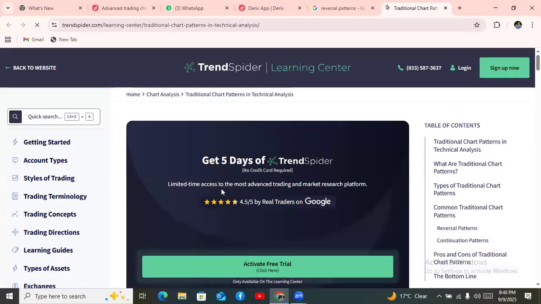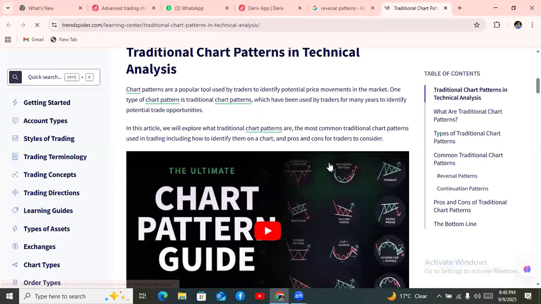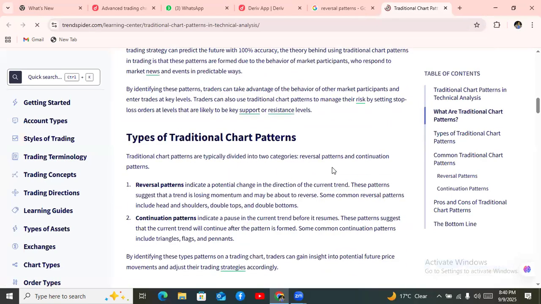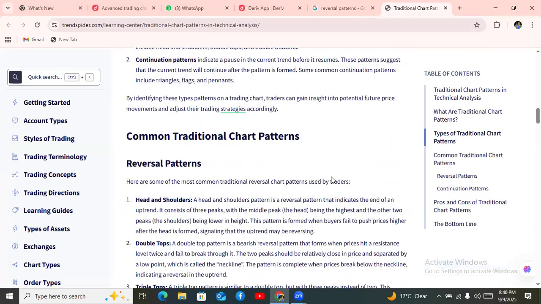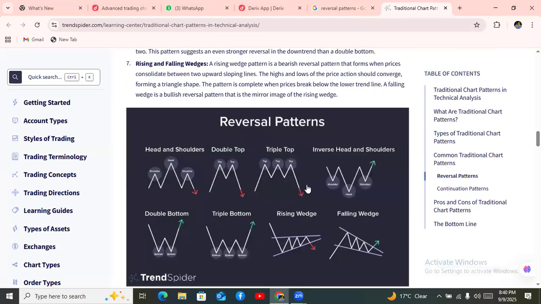While it's loading, yes, these are the patterns.